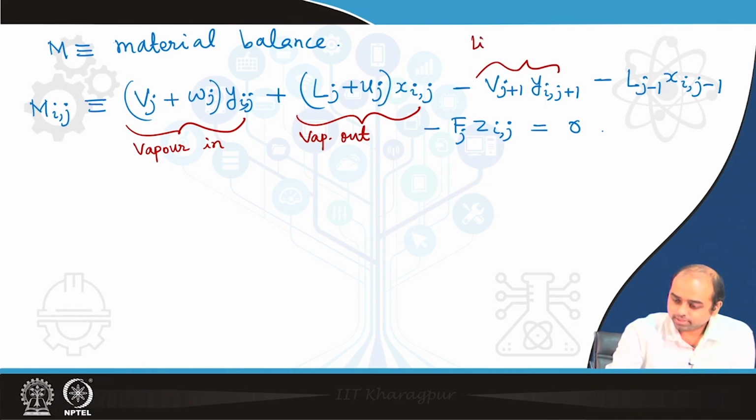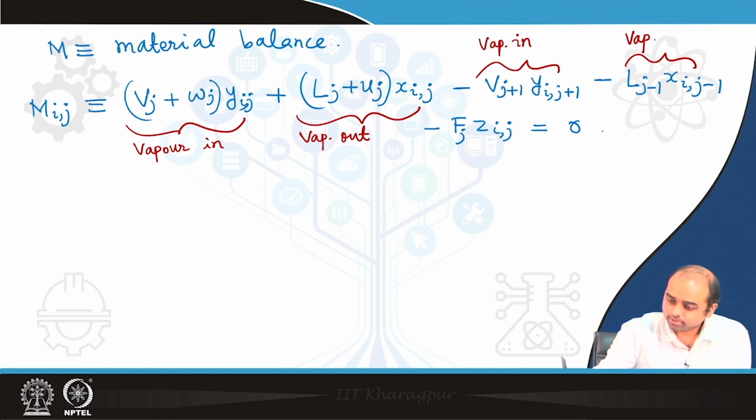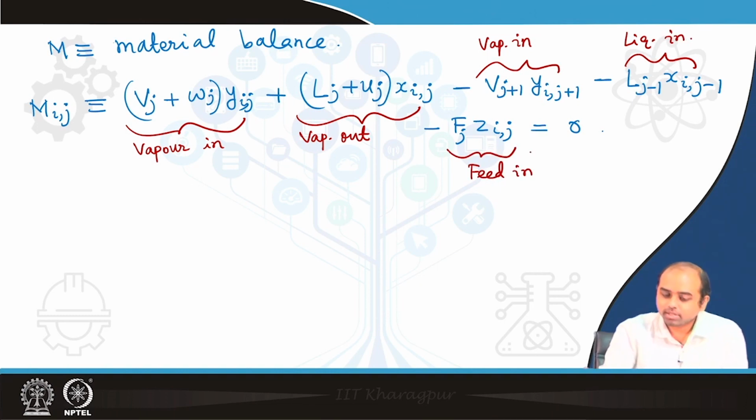So this is the vapor into that particular tray, this is the liquid in the tray, and this is the feed introduced into the system. So this is the overall component material balance that we have at this particular stage at steady state. Understand? Because at steady state there is no accumulation of any of these components. So this is the balance equation at the steady state, right?